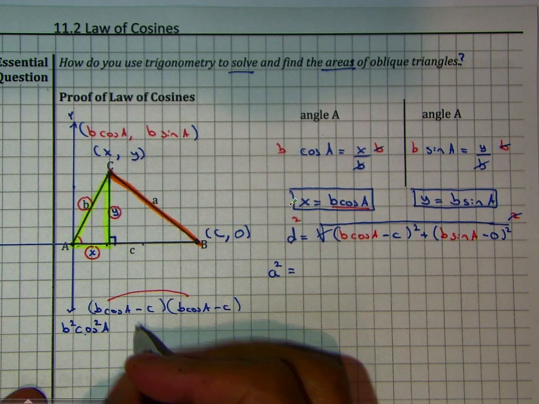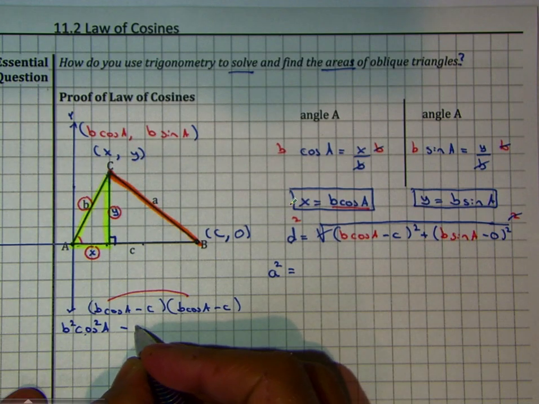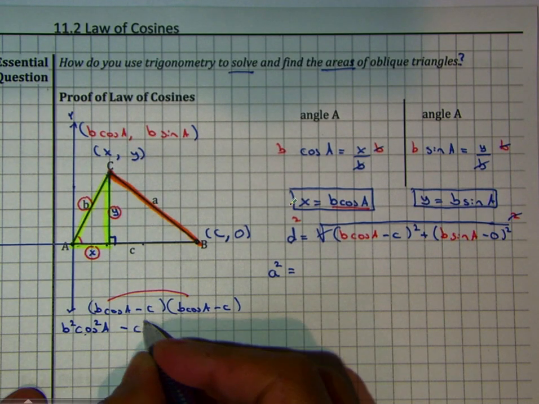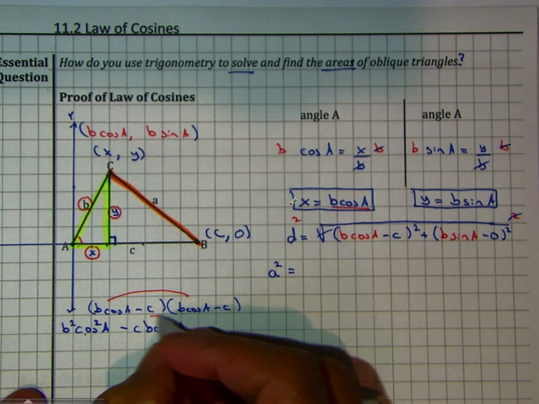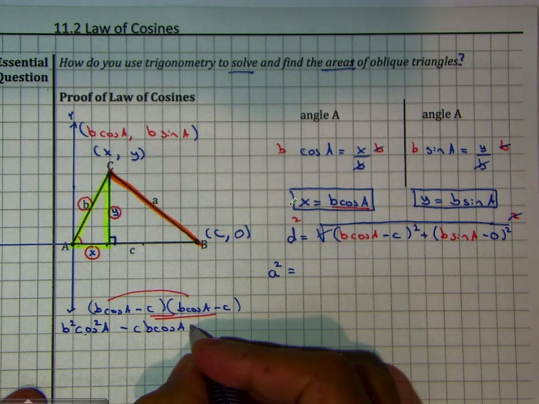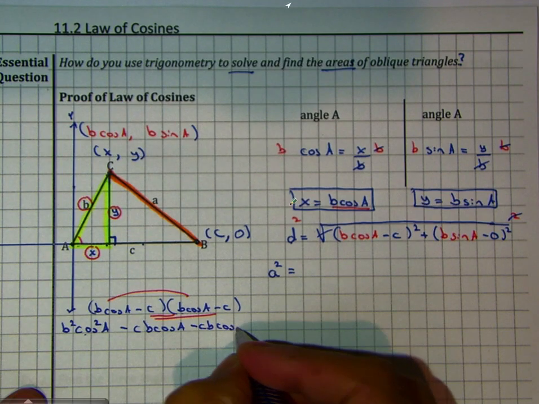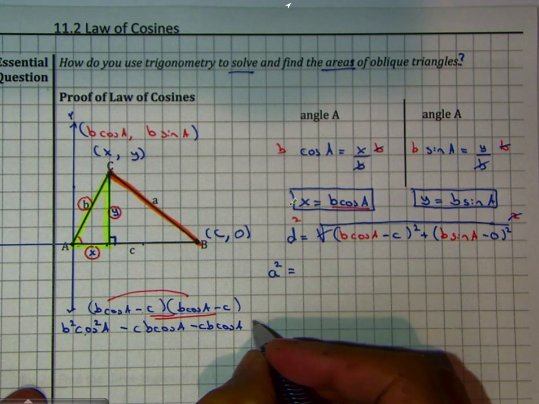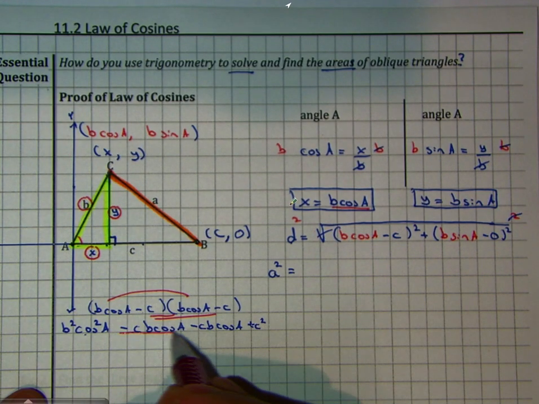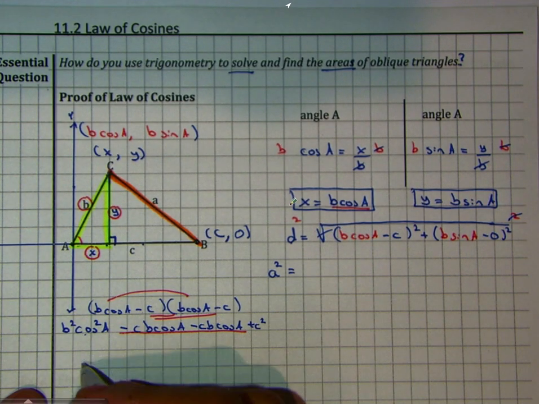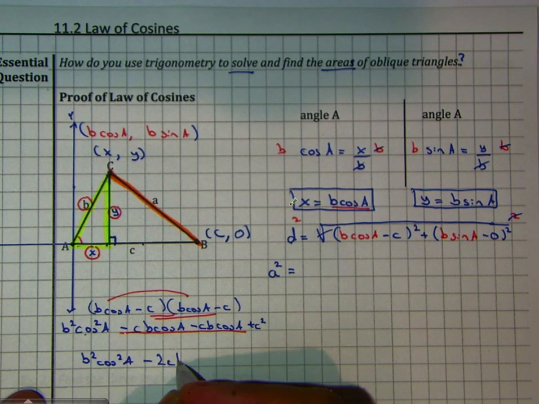Then I have minus c b cosine of A. Then I'm going to multiply this too, and I end up with another minus cb cosine of A. And negative c times negative c will be positive c squared. I have two of them, so therefore I end up with b squared cosine squared of A minus 2cb cosine of A plus c squared.